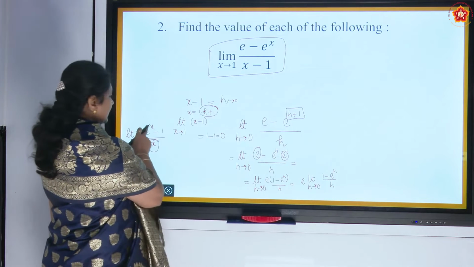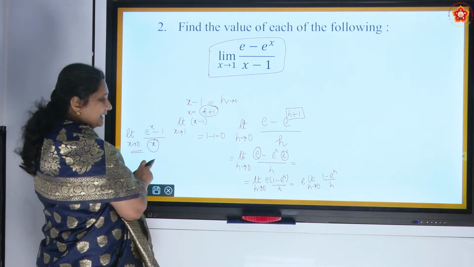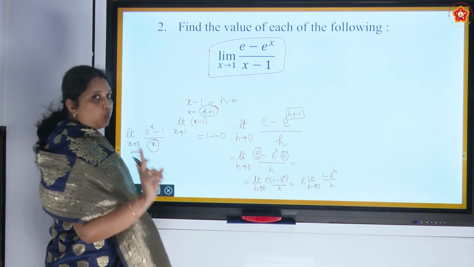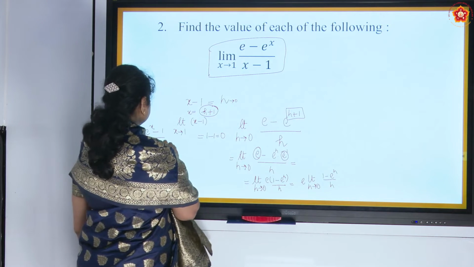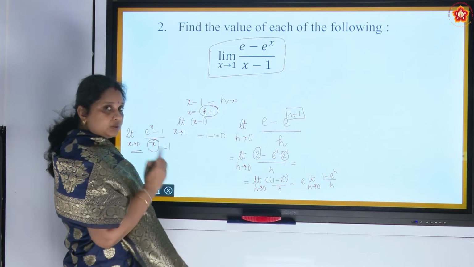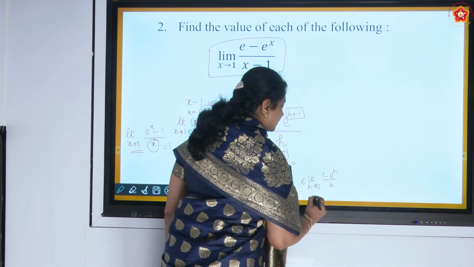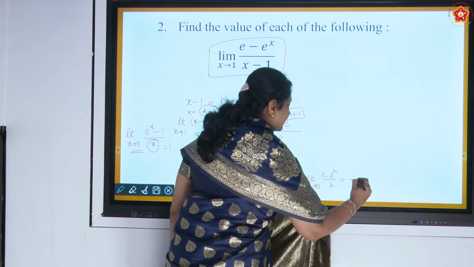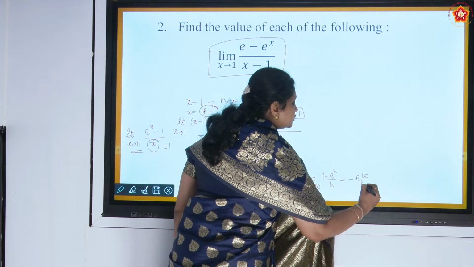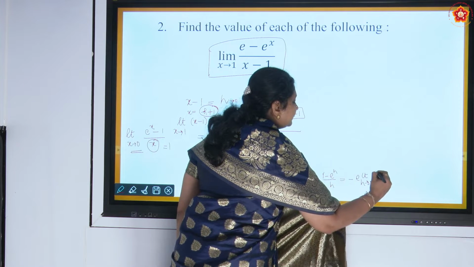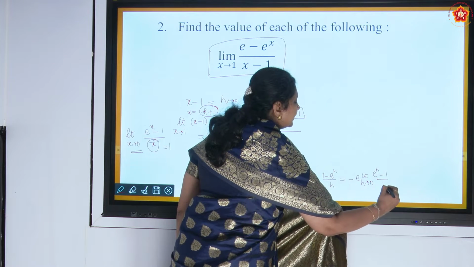You know that limit x tending to 0, e power x minus 1 by x is 1, right? Now I have it the other way around. I'll rewrite that. I'll take the minus outside. So I'll write this as minus e into limit h tending to 0, e power h minus 1 by h.